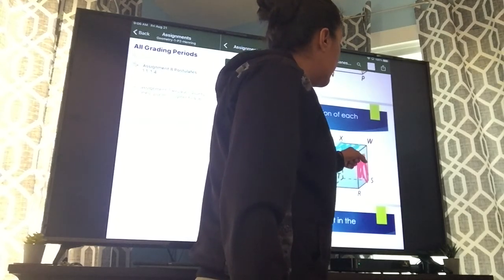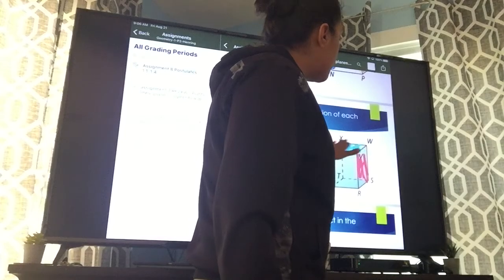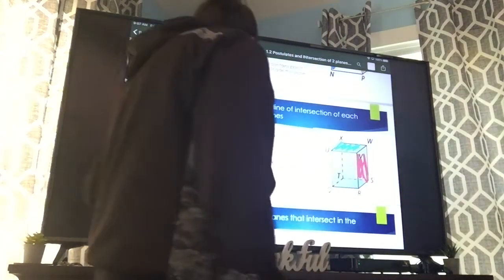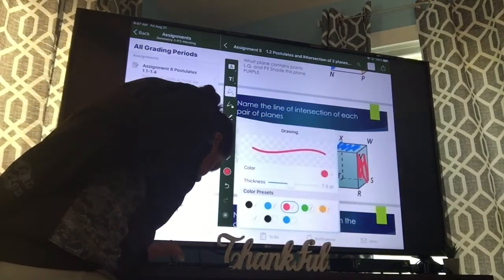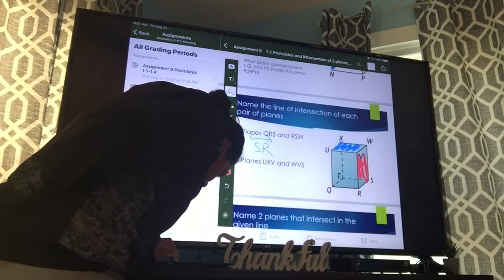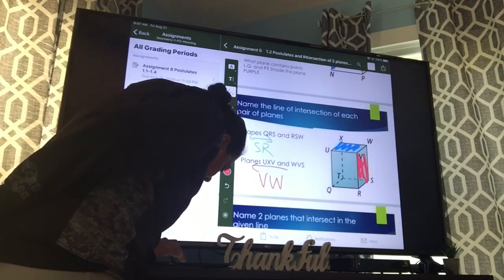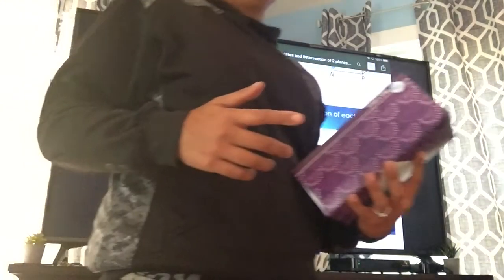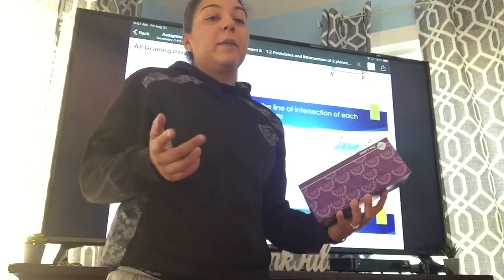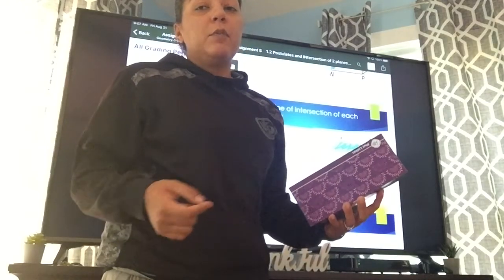And you can see that the red is going to touch the blue at the same time on both of these sides at VW. So our line is going to be VW. And we already know about lines. Does the order matter? No. So it doesn't matter if you put VW or WV.